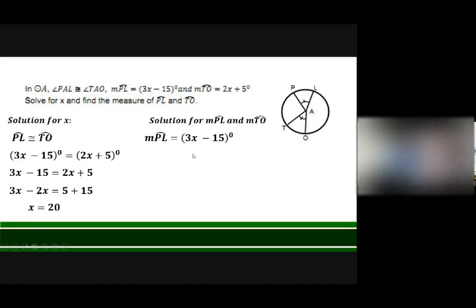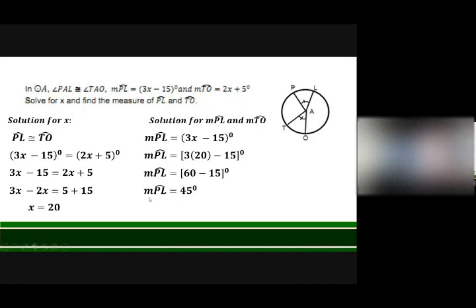Okay? So, magkakaroon tayo ngayon ng 3 multiplied by 20 minus 15. That's arc PL. So, 3 multiplied by 20, magkakaroon tayo ngayon ng 60 minus 15. Therefore, your arc PL is equal to 45.